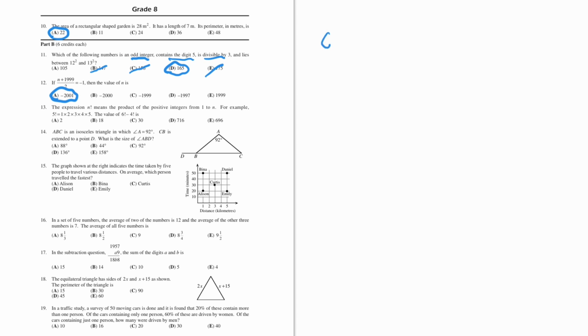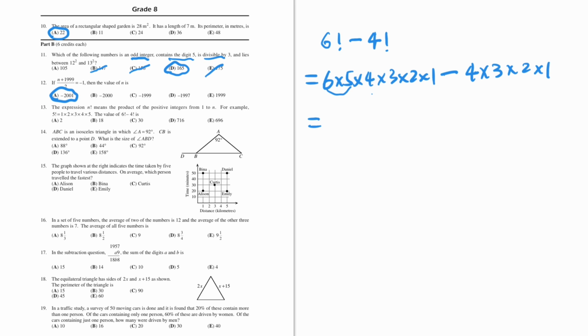The value of 6 factorial minus 4 factorial: 6 factorial is 6 times 5 times 4 times 3 times 2 times 1, minus 4 factorial, which is 4 times 3 times 2 times 1. 6 factorial, that's 30 times 4 is 120, times 6, that's 720. Minus 4 times 3, 12 times 2, 24, equals 696. Therefore, the answer is E.